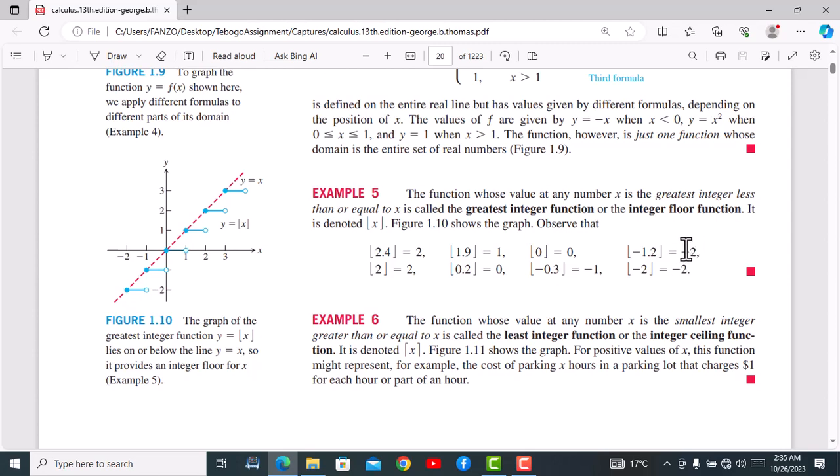So when you are at minus 2, you get a value of negative 1.2. So negative 1.2 is the greatest integer value of minus 2.